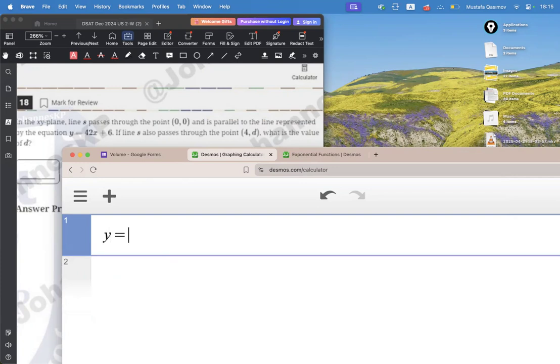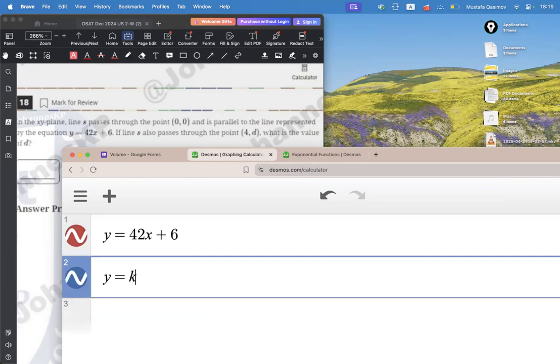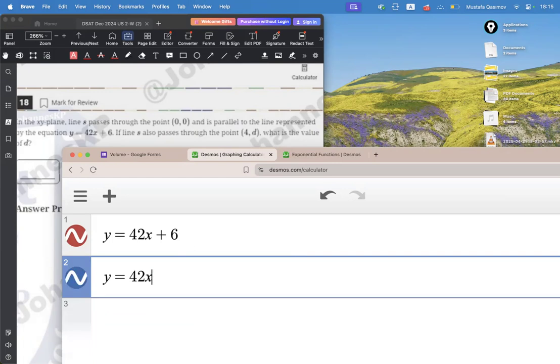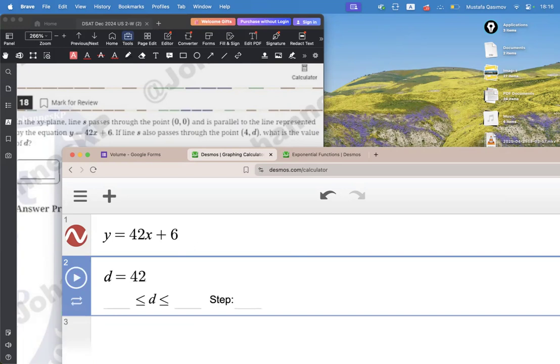Because it says that we have another line which is parallel to that one, which is y is equal to kx plus b, and k must be 42 because they are parallel to each other. Then we must use the point 0, 0. When it is 0, 0, b is equal to 0, don't forget. Then it is like that. Then you must put here the end for. Okay, any question?